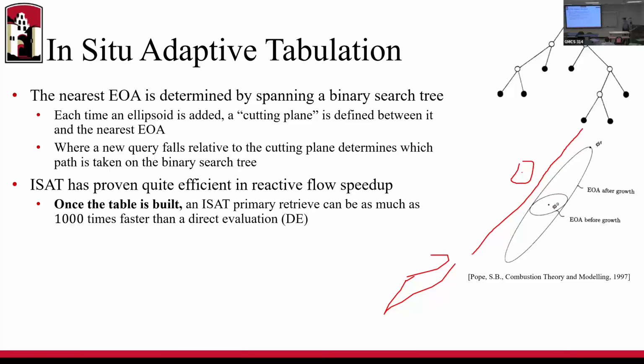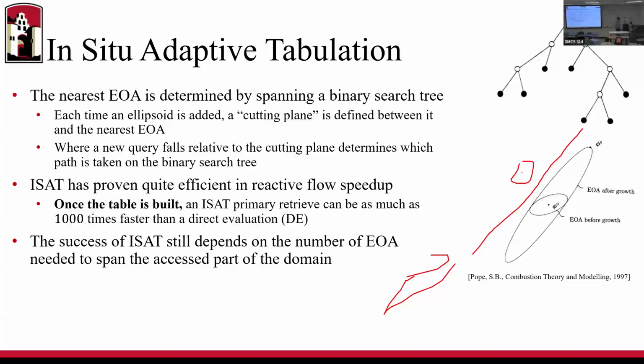But one Achilles heel of ISAT is that it only gives us this wonderful speedup once the table has been built, meaning once we have sufficient ellipsoids that we cover pretty much any point that a new query can come from. But once the table is built, an ISAT primary retrieve can be as much as 1,000 times faster than a direct evaluation.